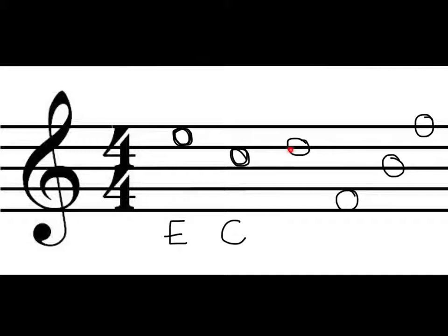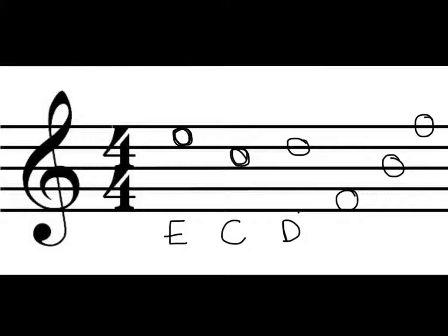So, as you can see in this case, it's on a line. What are the names of the lines in the treble clef? E, G, B, you got it, D. Every good boy deserves fudge.